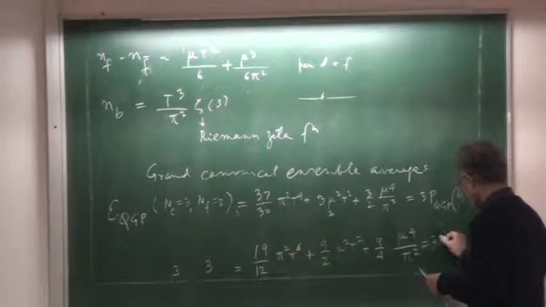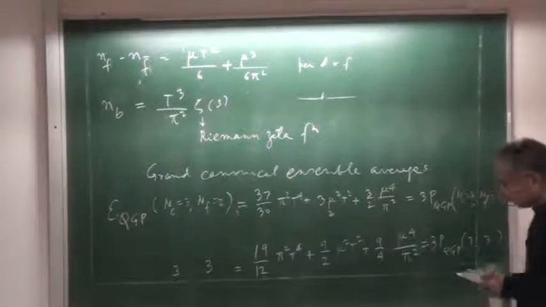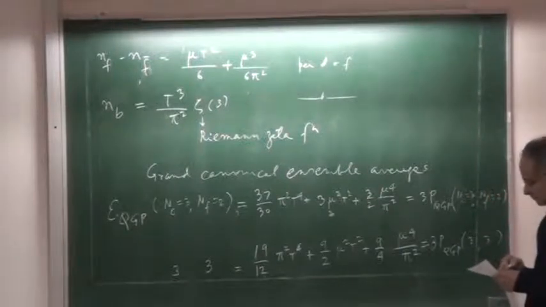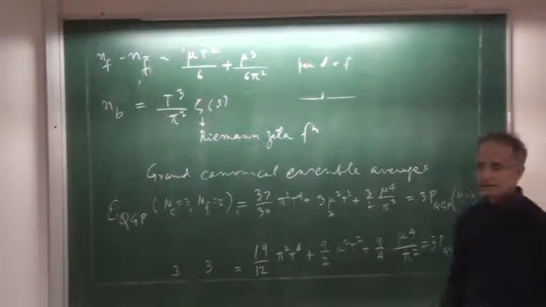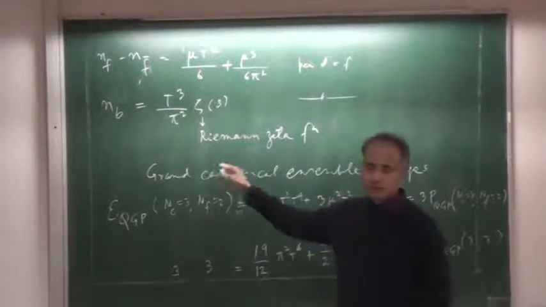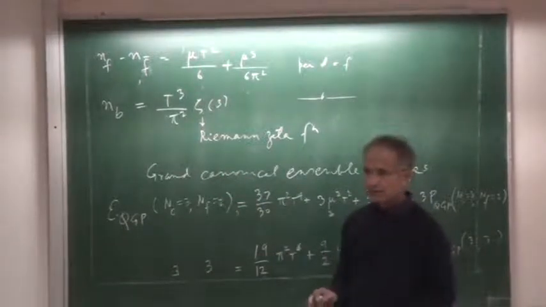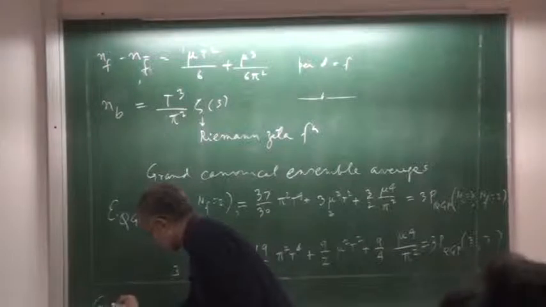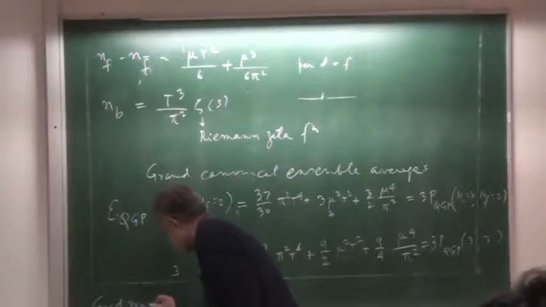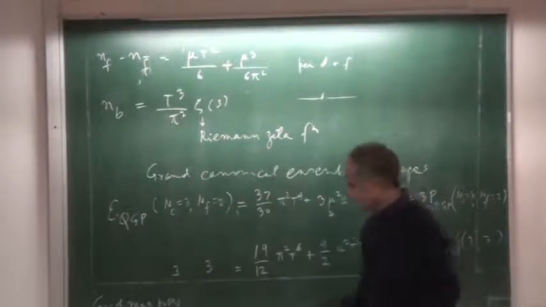Now this is all about quarks, antiquarks, gluons. Now let's talk about a gas of pions, massless pions for simplicity. What will be the energy density?